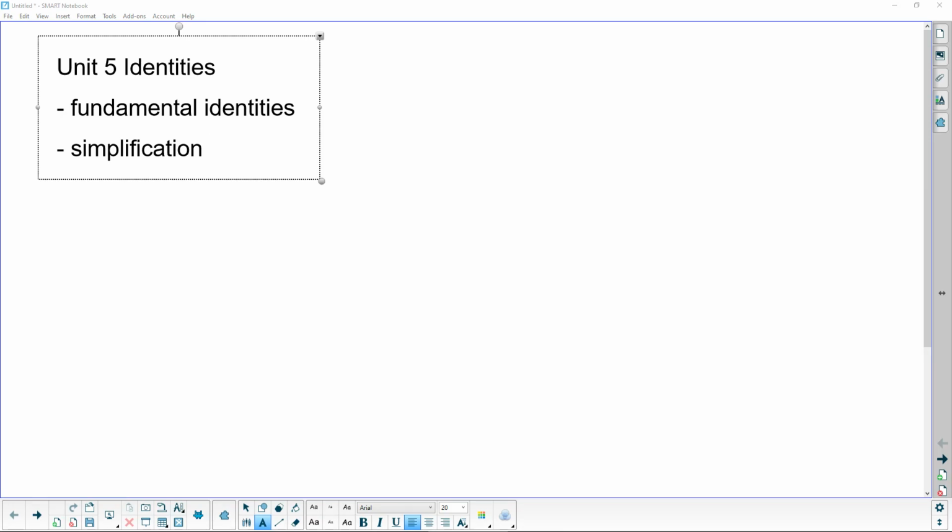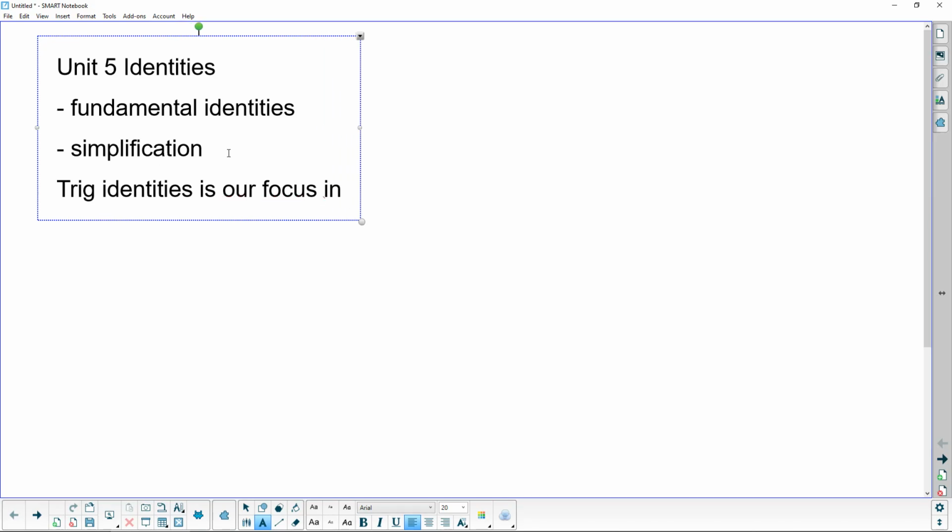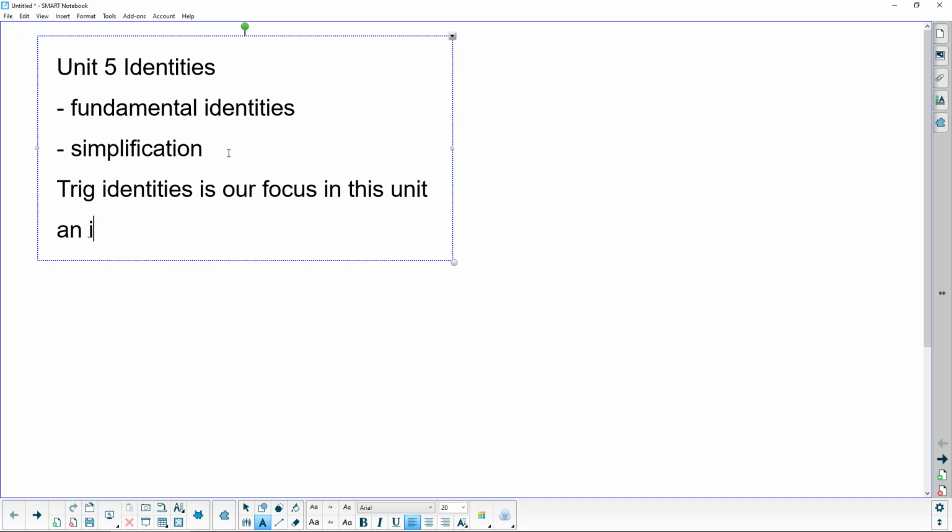Okay? All right, so today we're just going to look at the fundamental identities and what an identity is. So let's start out with what they mean by identity in math. Basically, we're talking about trigonometric identities, which are our focus in this unit. An identity can be defined as an equation that is always true for any value of the variable that is permissible.